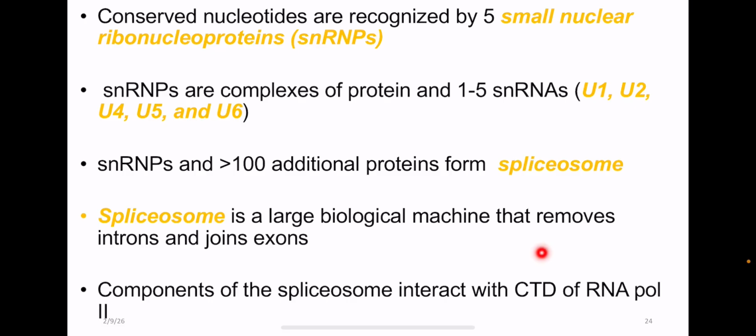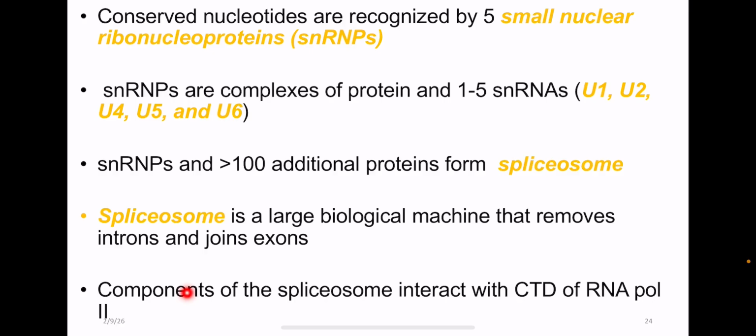So how does the spliceosome interact with the mRNA? I'm not sure we've talked about the CTD detail of the mRNA strand being transcribed, but those who did this particular course in third year should remember it.